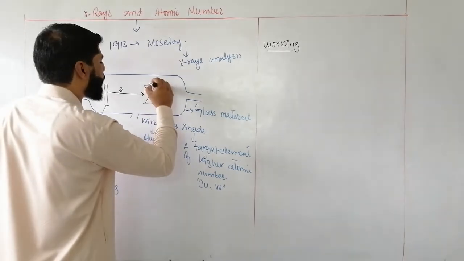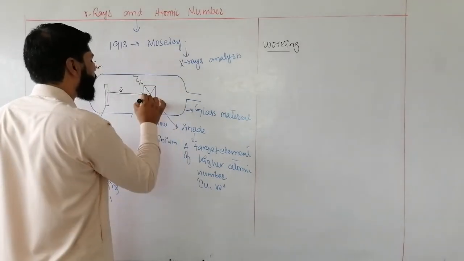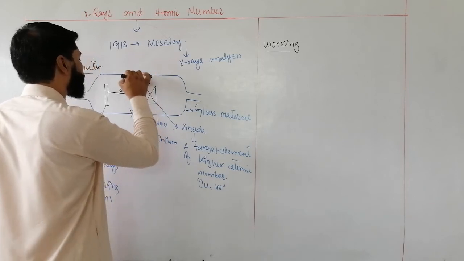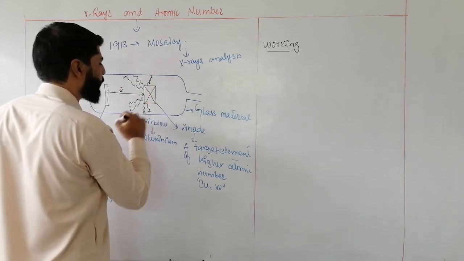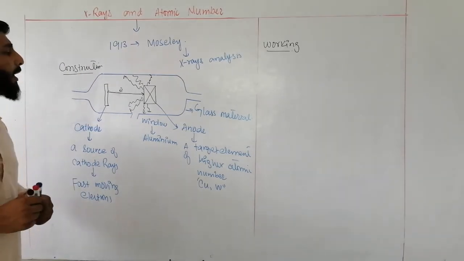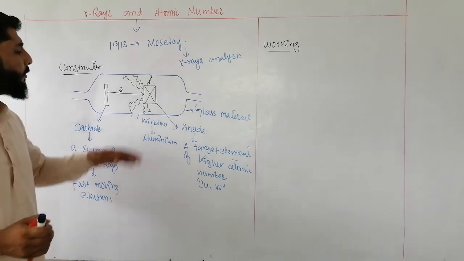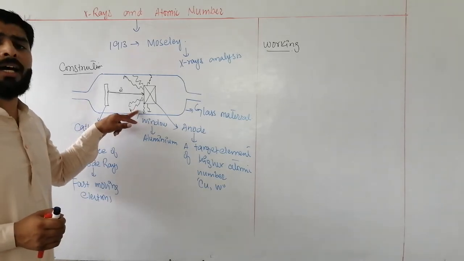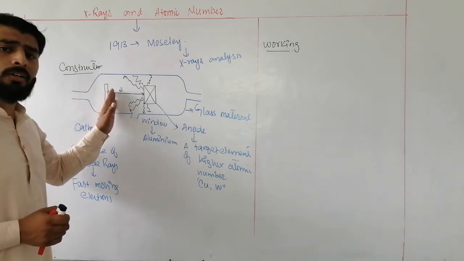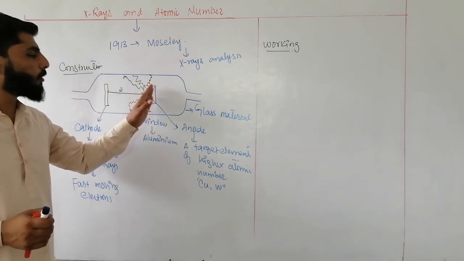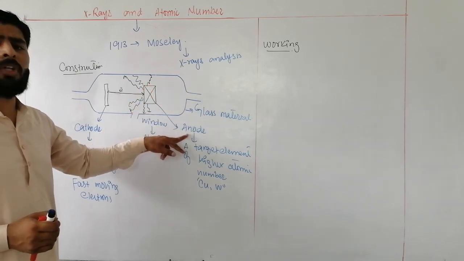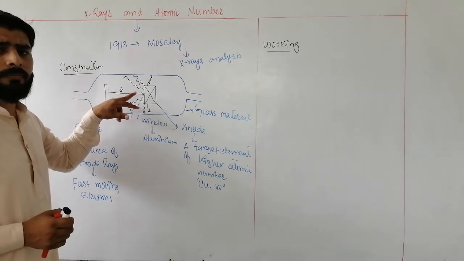There is an emission of highly penetrating radiations of very short wavelength and high energy in all directions. When cathode rays or electrons bombarded the surface of the anode, there was an emission of radiations.